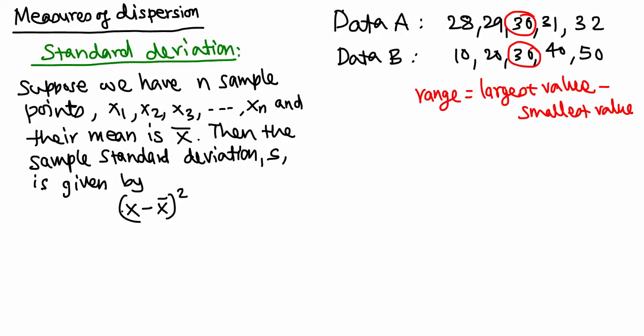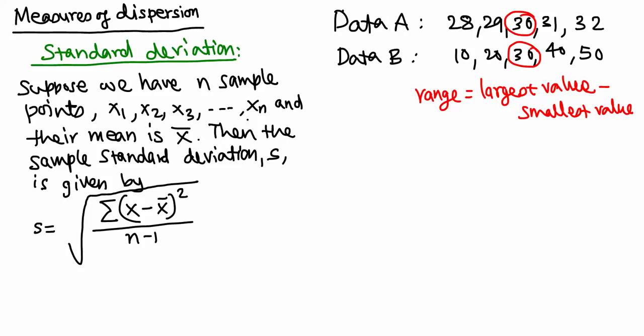Then we sum all of them, that's sigma, and we divide that by n minus 1, where n is the number of sample points, and take the square root finally, and that is the sample standard deviation. So we divide by n minus 1.